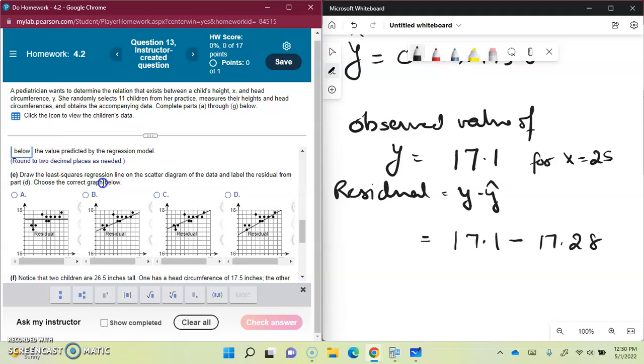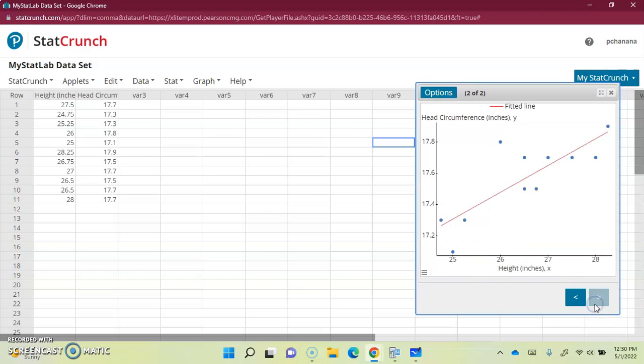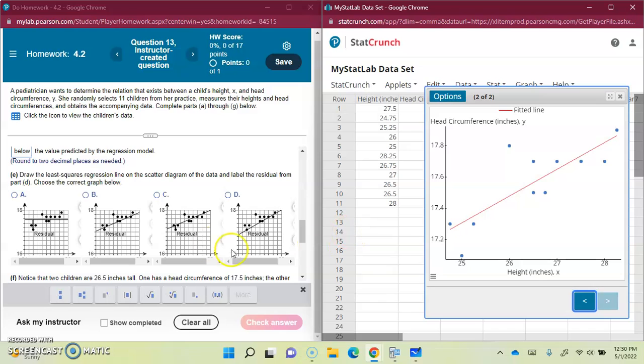Okay. Draw the least squares regression line on the scatter diagram. Let's see, we had our scatter diagram. If you see, this automatically does that already, right? So you just have to see which one seems almost correct.